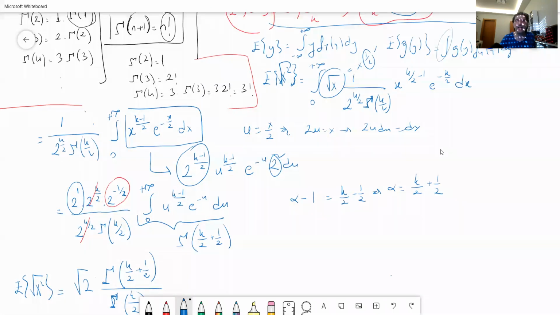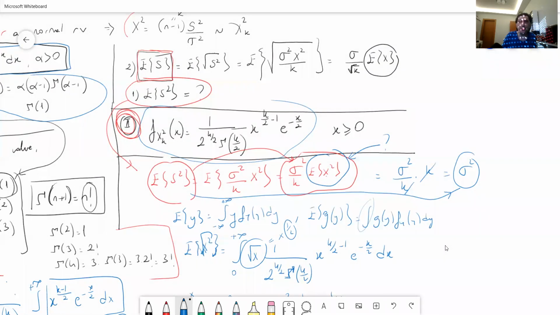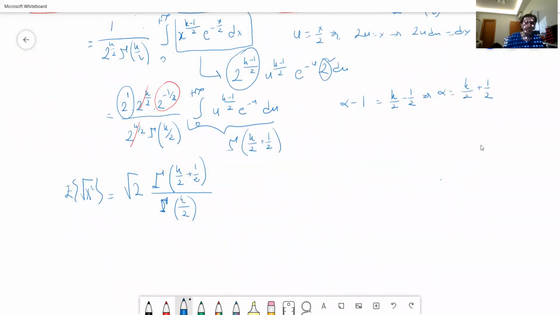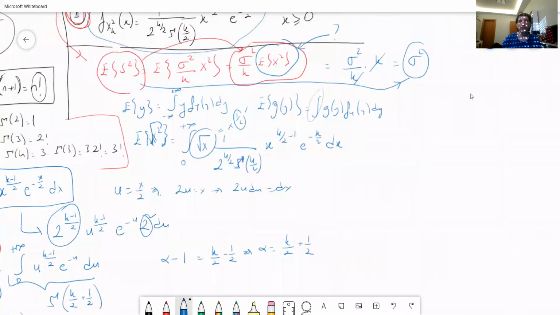Now let's find the final result, and we need to multiply by this element here, and let's do that. Then when we do that, the expected value of s is going to be equal to, actually I forgot there, sigma over square root of n.